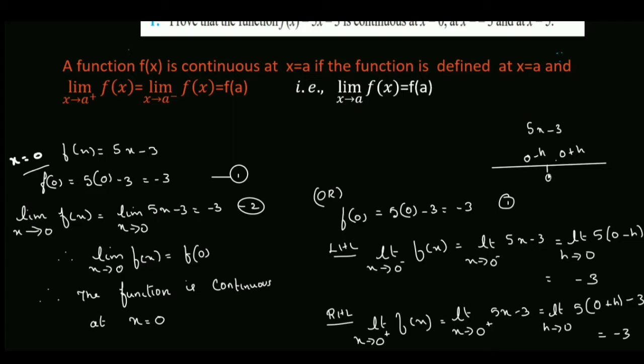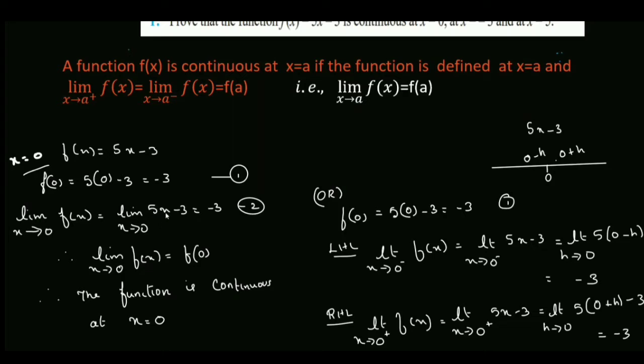This function is defined as 5x minus 3, left of 0 and right of 0, isn't it? So whether you find the left limit or right limit, you're going to use the same function. So the limit, when you substitute x is equal to 0, you just straight away say it's a linear equation.